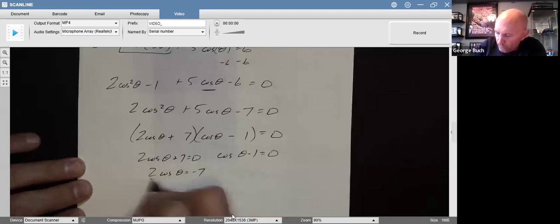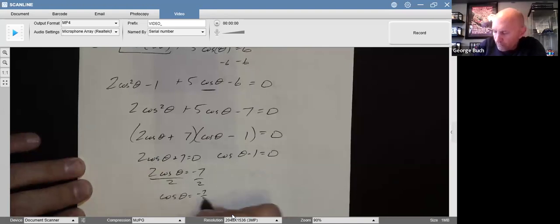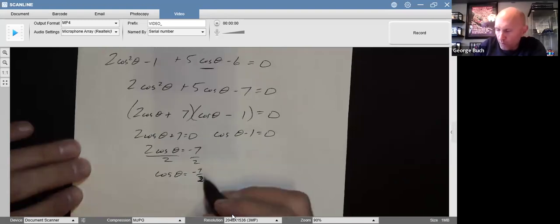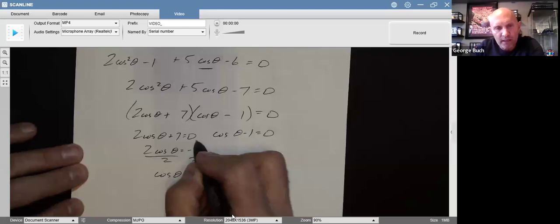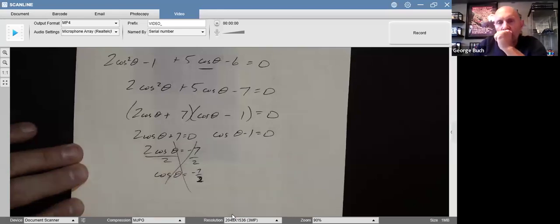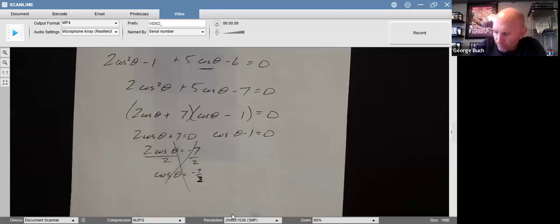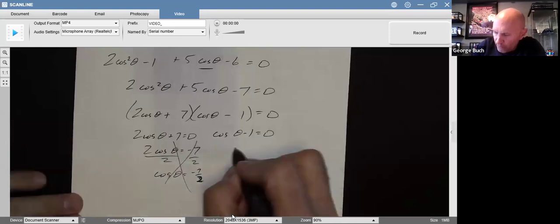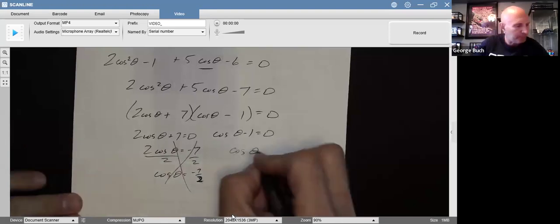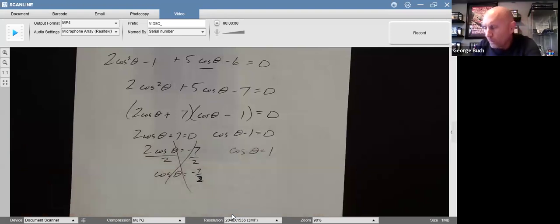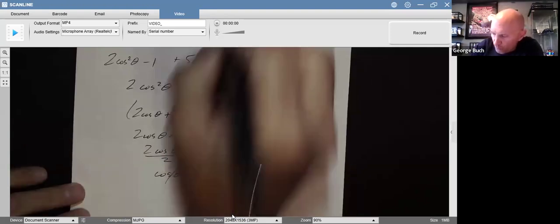So 2 cosine of theta is negative 7. Divide by 2. Cosine of theta is negative 7 halves. 7 halves is like 3.5, which is way bigger than 1. So again, this one doesn't give me any solution. So I'm just left with this guy. Cosine of theta is equal to 1. Where on the unit circle between 0 and 2 pi is cosine of theta equal to 1?